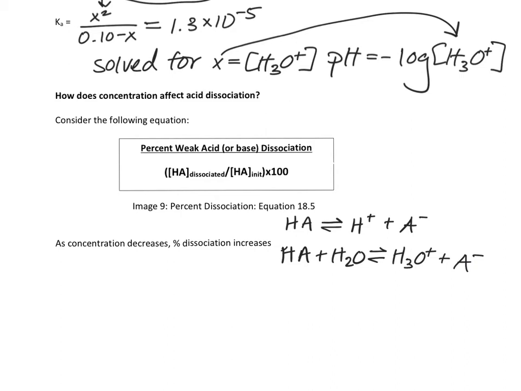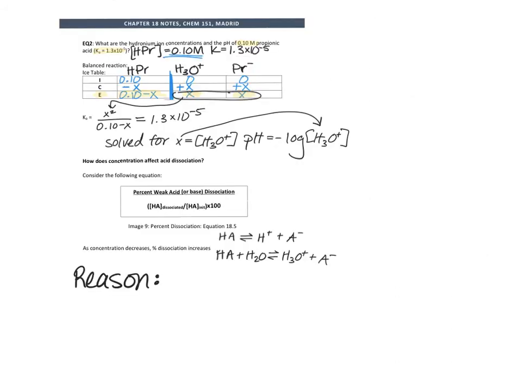The basic principle is as concentration decreases, so as the initial concentration of HA goes down, the percent dissociation actually goes up. There's an inverse relationship to that. The reason for that is as you have fewer HA molecules around in water, there's more water available to each HA, and water is really what's doing the dissolving of the HA, of the weak acid.